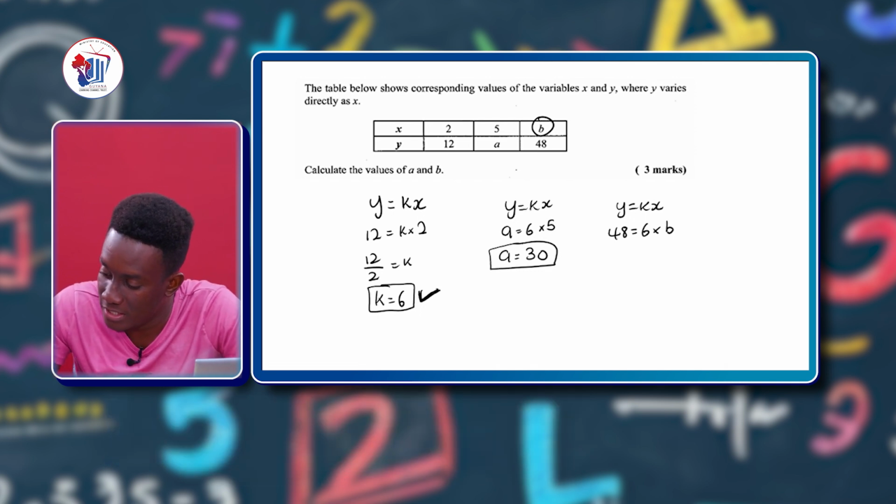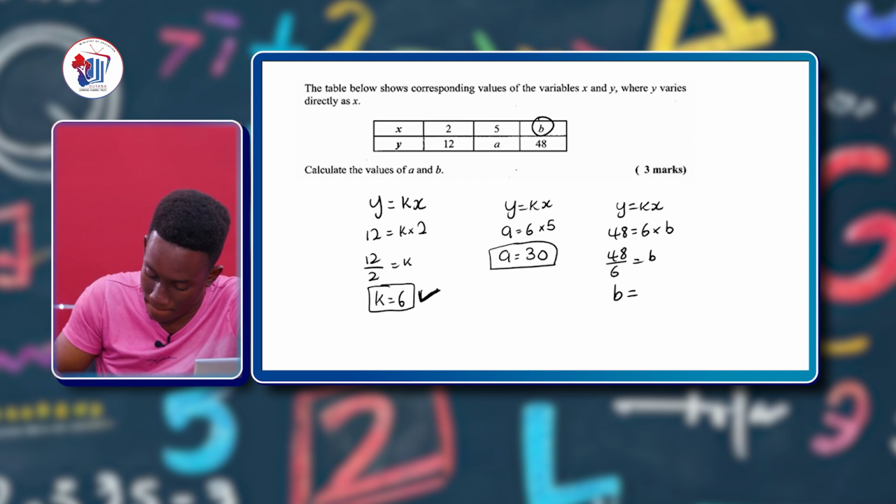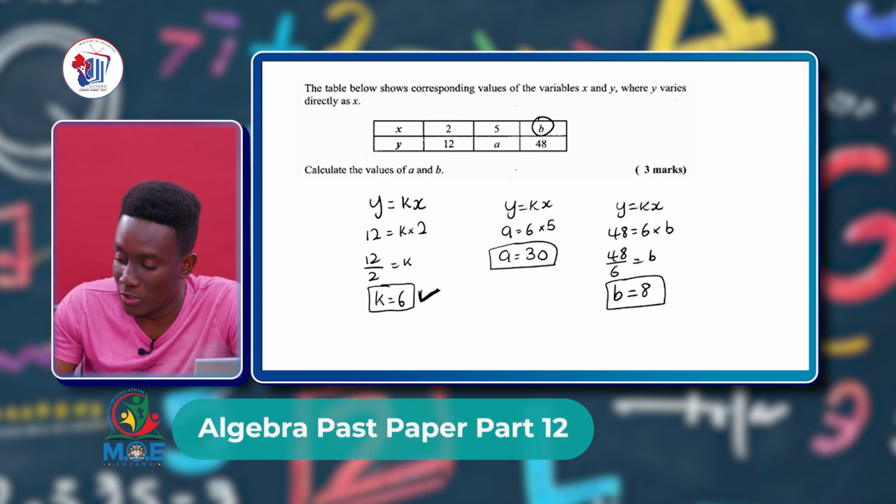So we solve for b. So this will be 48. This 6 is multiplying. You take double divide. So 48 divided by 6 is equal to b. Hence b would be equal to 8. So the value of b is equal to 8. So that would be our value for b.